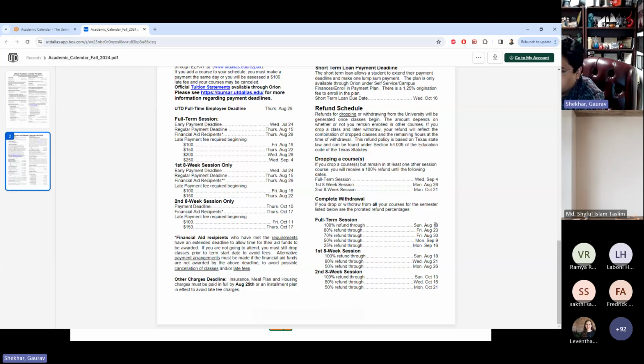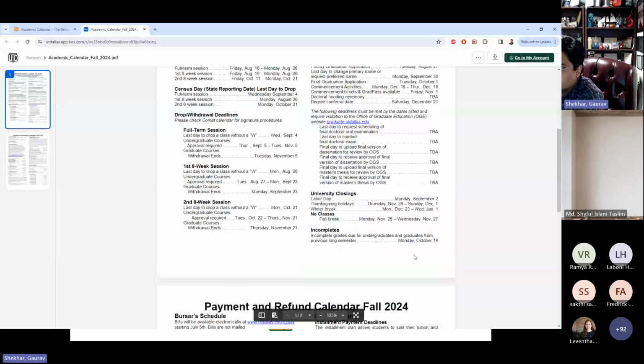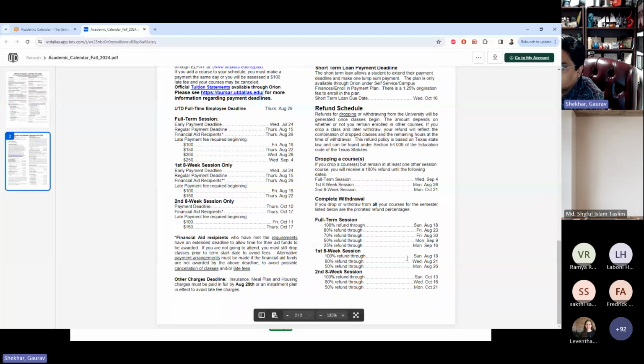If you delay it by a few days, you get 80%, 70%, 50%, depending on when you withdraw, and those are the dates given to you. So again, these two pages have all the dates, and this is what the university follows very closely.